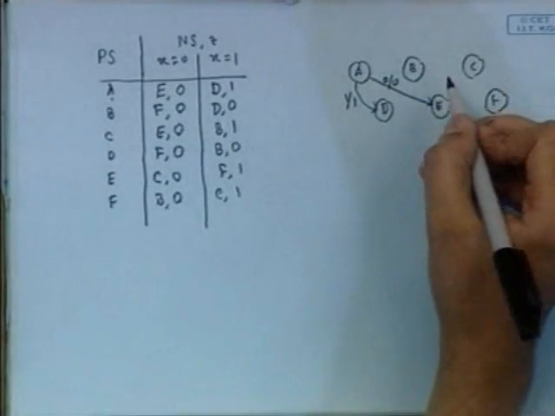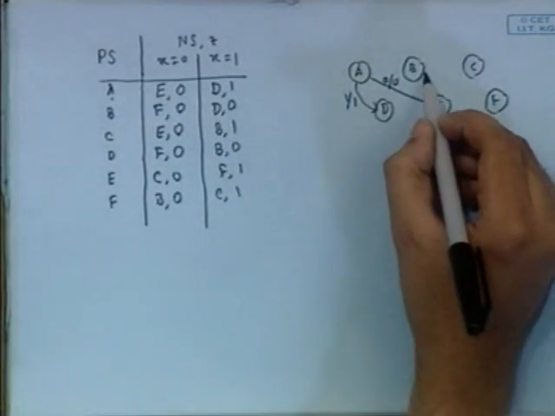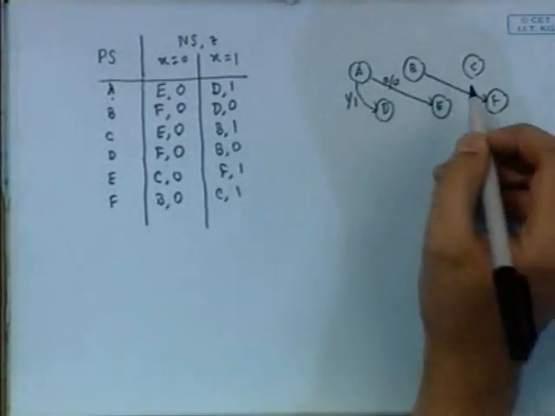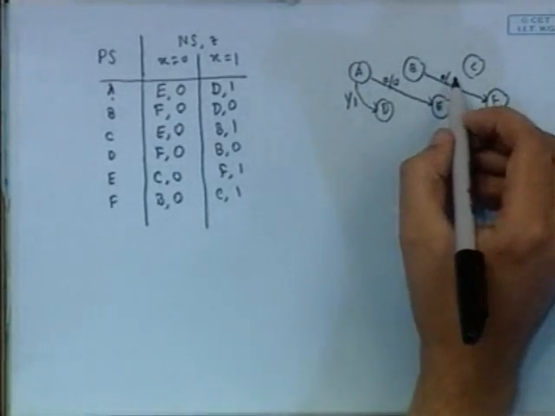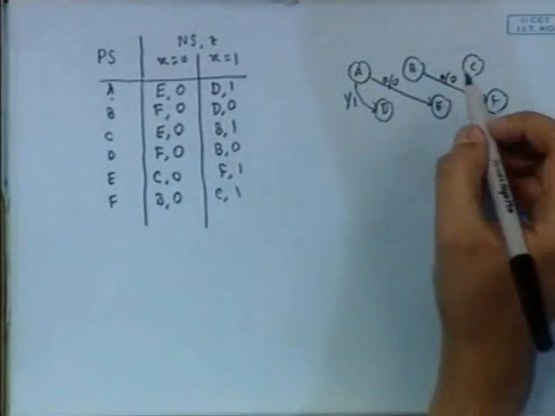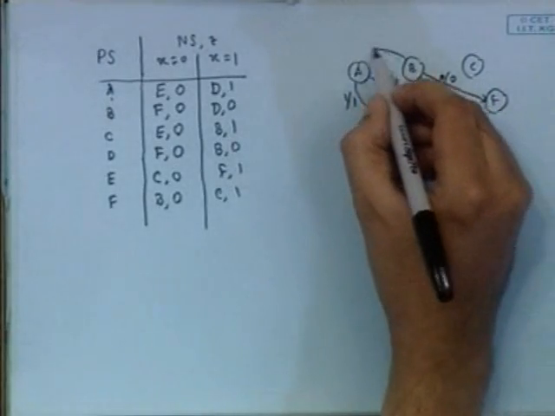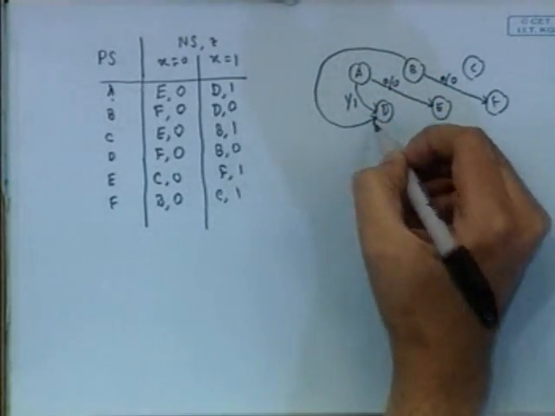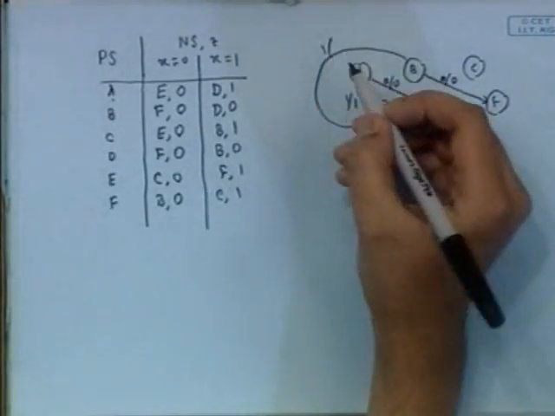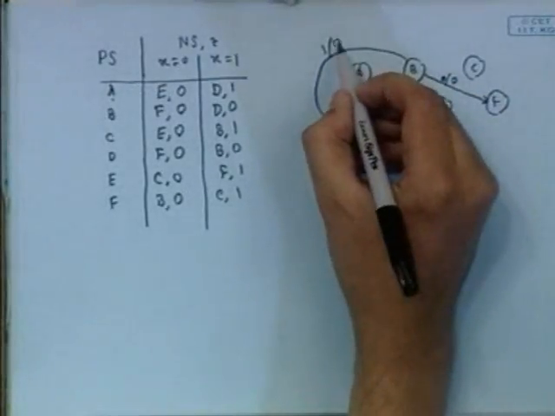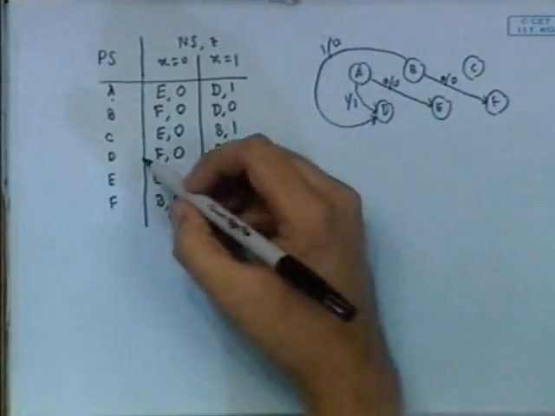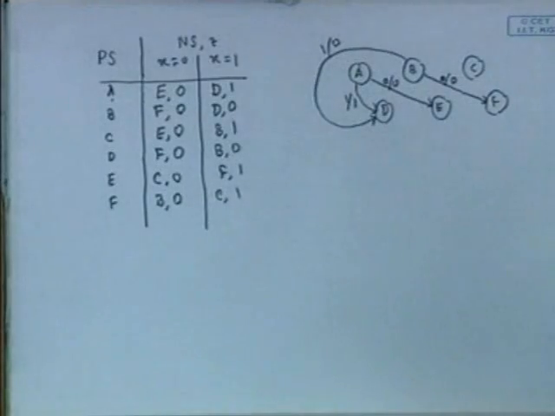For B you will go to F with output of 0, and for input 1 you will go to D with output 0. Similarly for C, D, E, F. This way we represent the finite state machine in a truth table form.